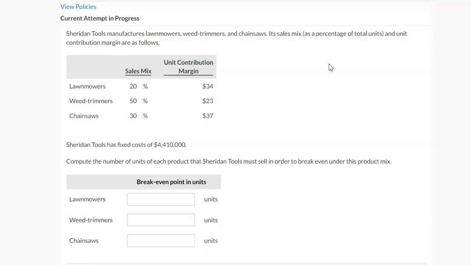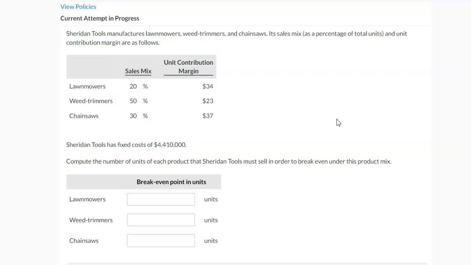Okay, so the break-even points in units have to be computed. Now, if I had to answer this, I would have to refer back to the slides because I did not memorize the formula. What if someone tells me, you just take the sales mix by the contribution margin. That is, you weight the contribution margin by the sales mix.